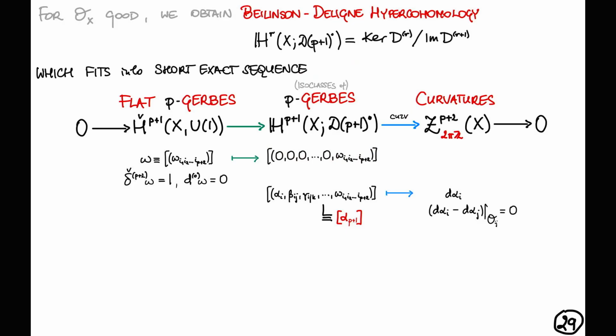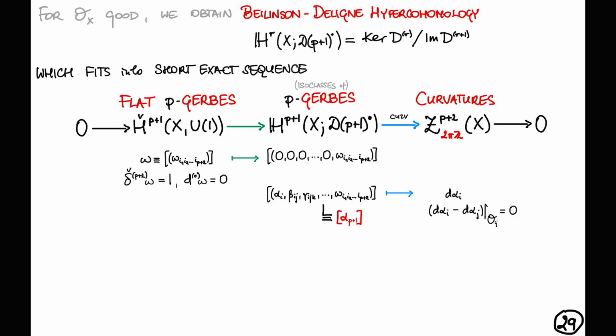Now, to any such class, I can associate, as stated before, a curvature which is global. And these are, well, let's take p equal to 1. These are closed 3-forms on X. And since we have the cocycle condition for the Cijk's, I remind you, the integrality of the Cijk's for bundles meant that the Maxwell form was supposed to be integral.